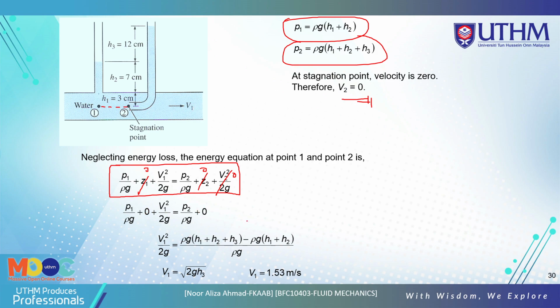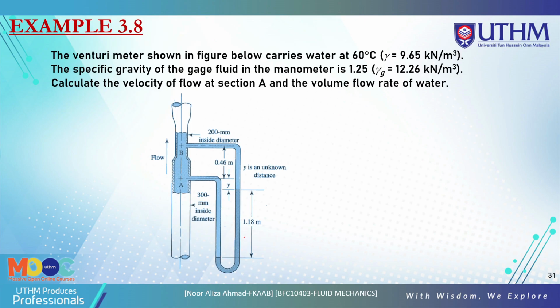So just put the values here until you get the velocity 1 is 1.53 meter per second. So this is the calculation to get the value. Now example 3.8 here.